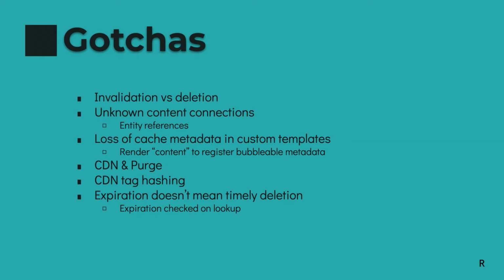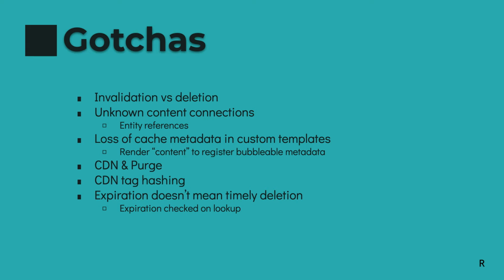A couple more quick gotchas with CDN and purge. The idea with the CDN is that you're going to expose your tags so that Drupal can tell the CDN all about the specific content within that page and when it needs to be invalidated. Purge is a contrib module to help make that connection, so that when Drupal knows that this event happened, we need to invalidate anything with this tag, Purge is going to reach out to that CDN and actually invalidate that for you.